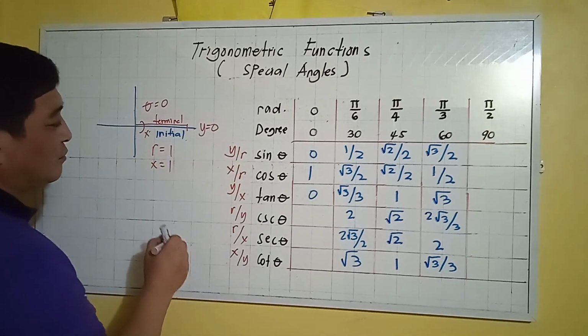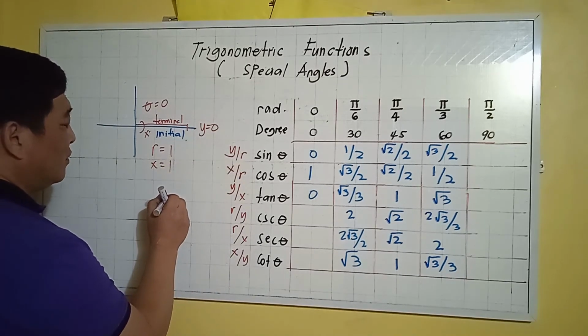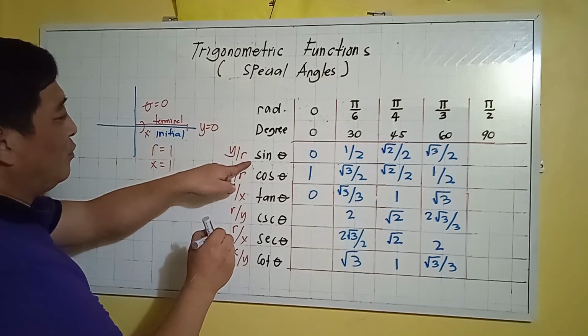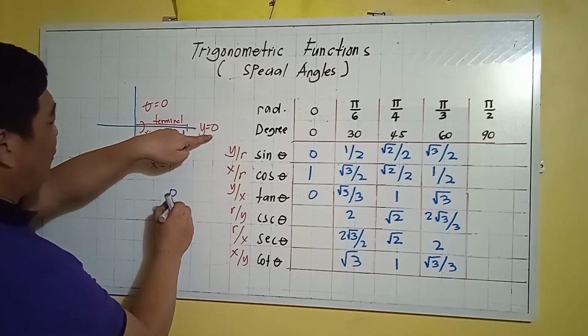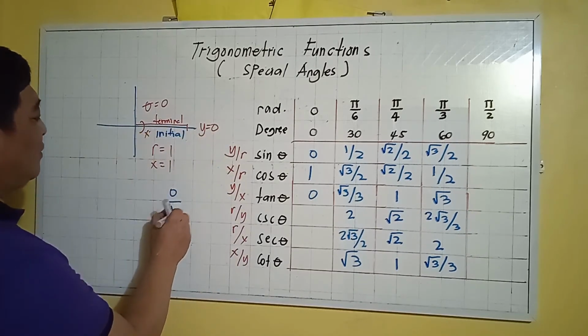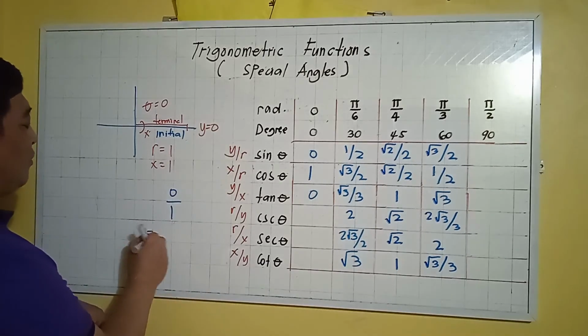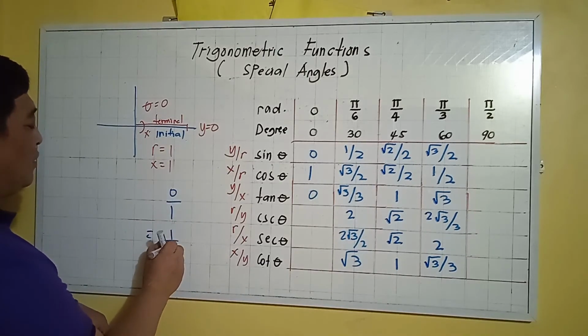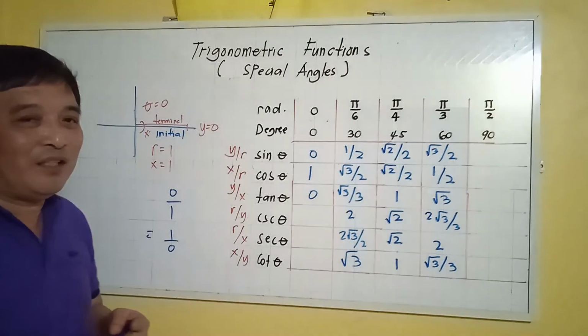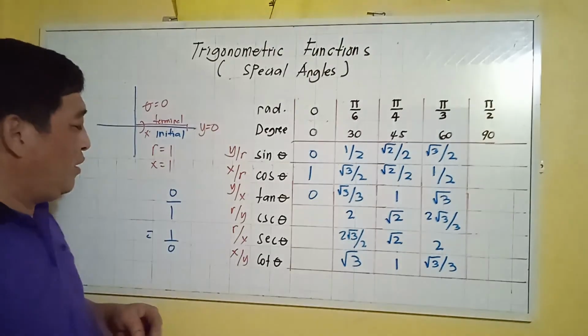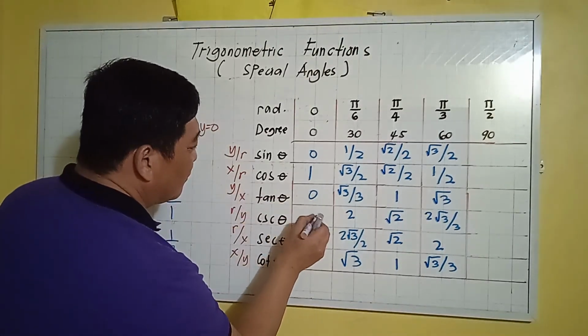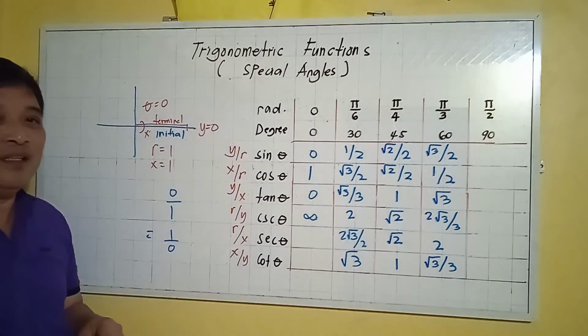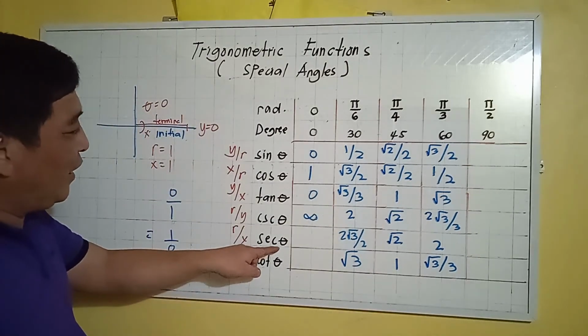We have 0 over 1, and the reciprocal of this is 1 over 0. And having 0 in the denominator means it is infinity. Now, how about secant theta?